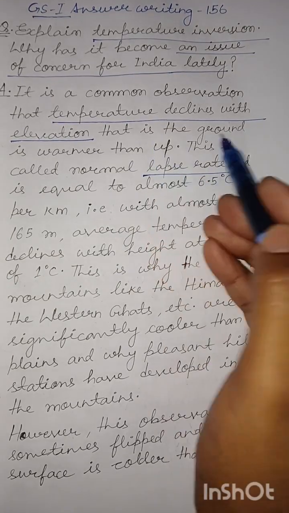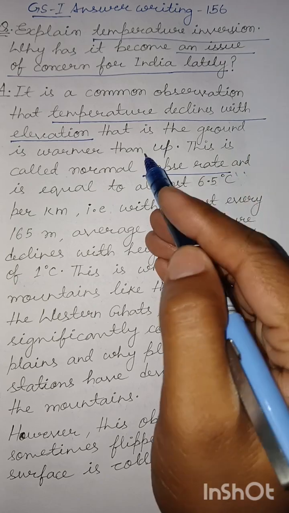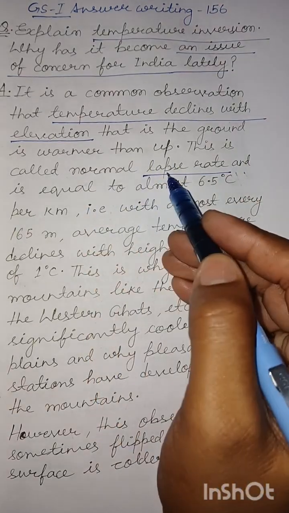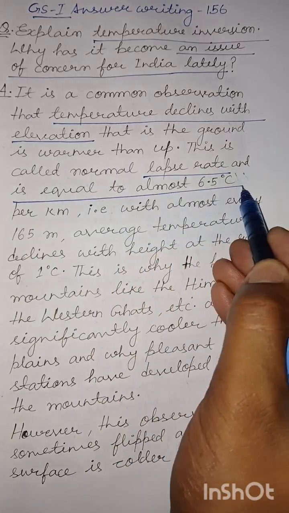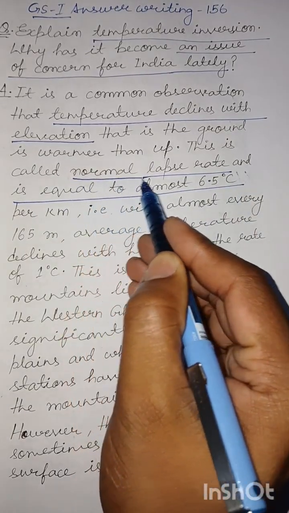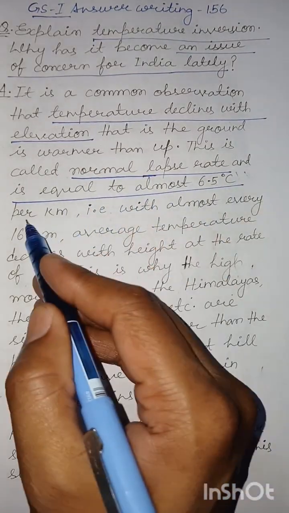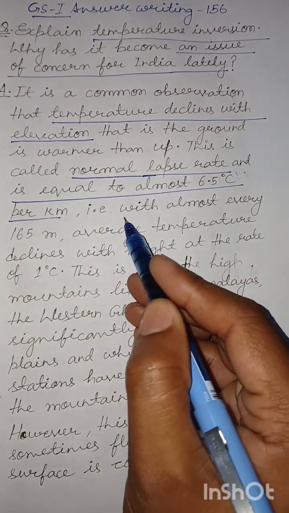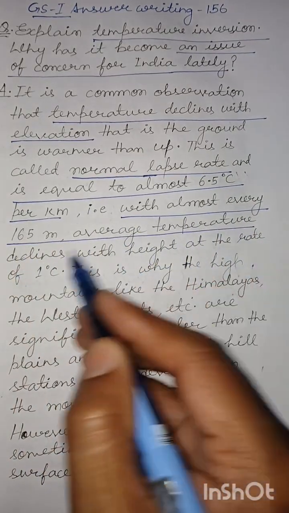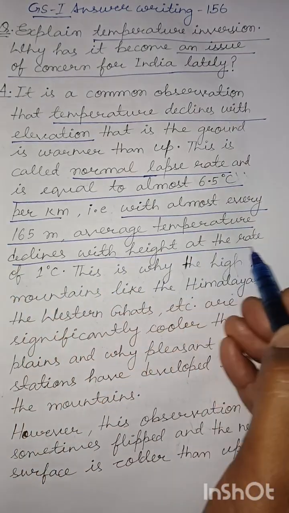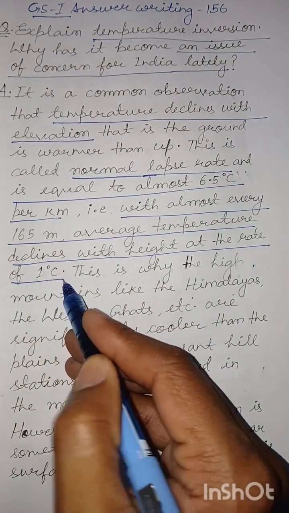That is, the ground is warmer than above. This is called normal lapse rate and it is almost 6.5 degrees Celsius per kilometer. That is, with almost every 165 meters, average temperature declines with height at the rate of 1 degree Celsius.